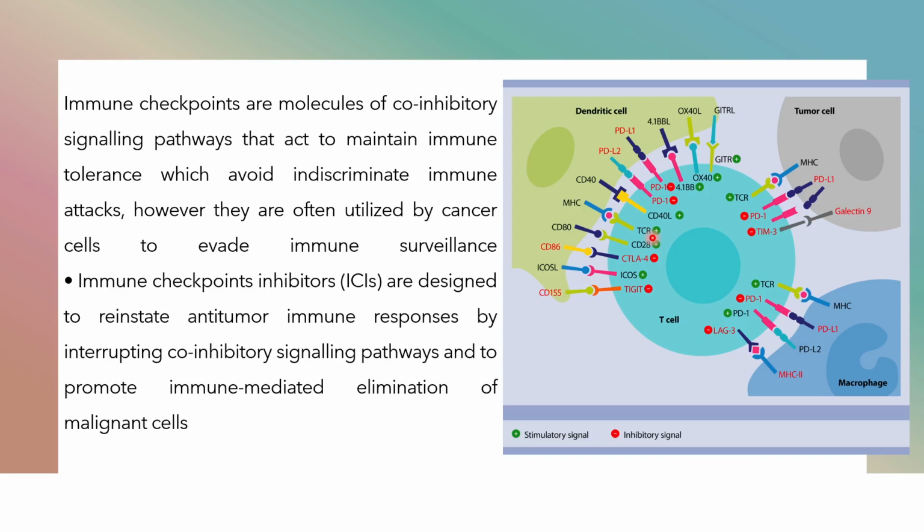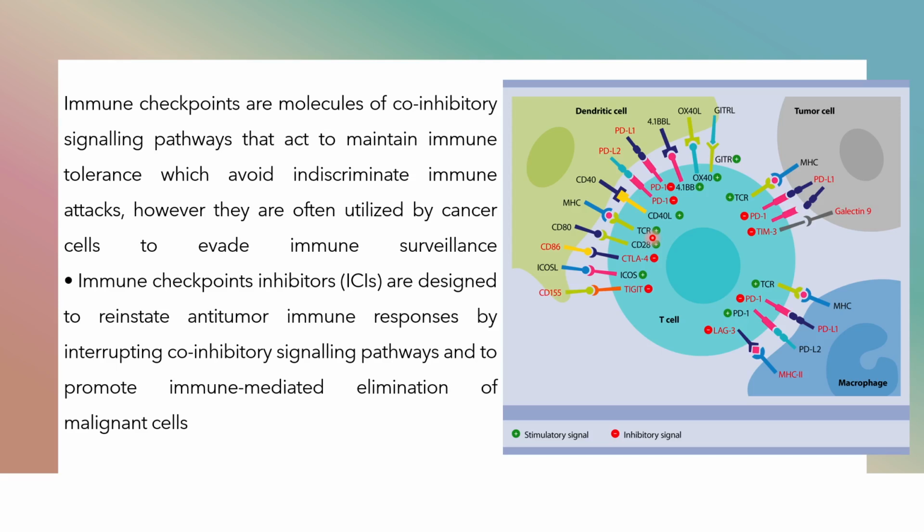However, they are often utilized by cancer cells to evade immune surveillance. Okay. Immune checkpoint inhibitors are designed to reinstate anti-tumor response by interrupting co-inhibitory signaling pathways and to promote immune-mediated elimination of malignant cells. Got it?